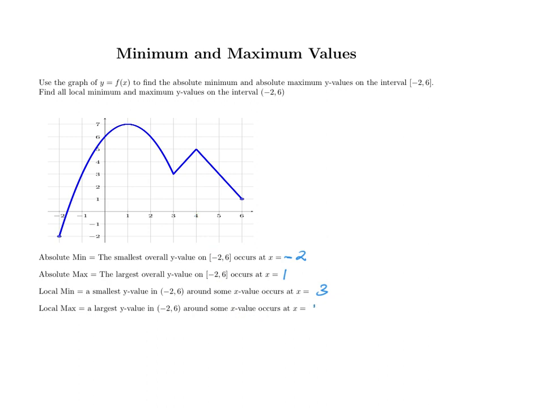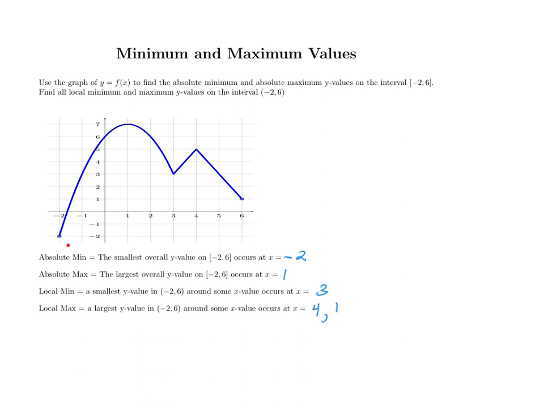So I'll put a 4 here. And actually, there's also a local max at 1. It turned out that this was an absolute max, but it's also a local max because at this one spot, as long as we're close to 1, there is a largest value there. So not only is 4 the location of a local max, so is 1.